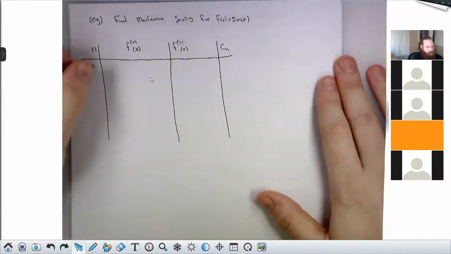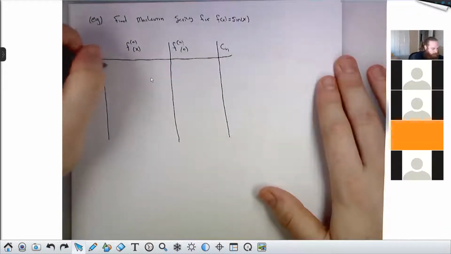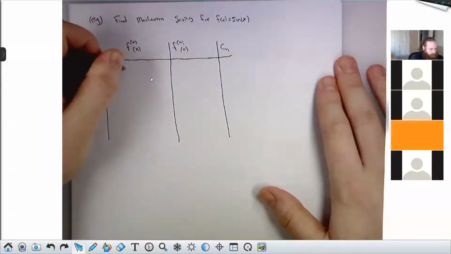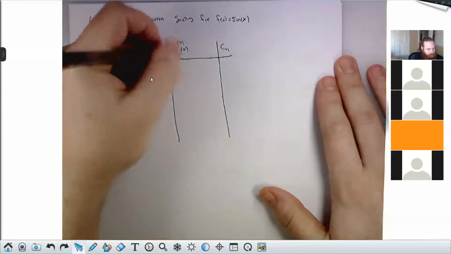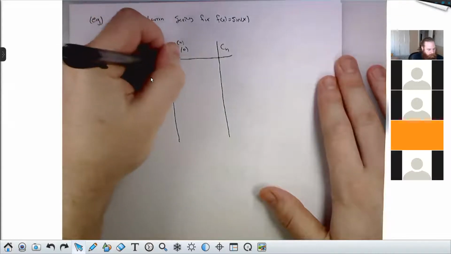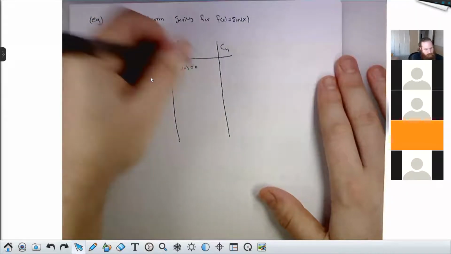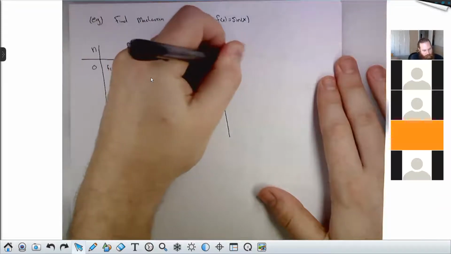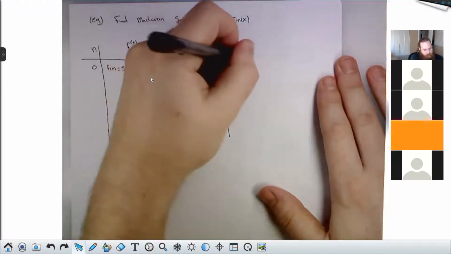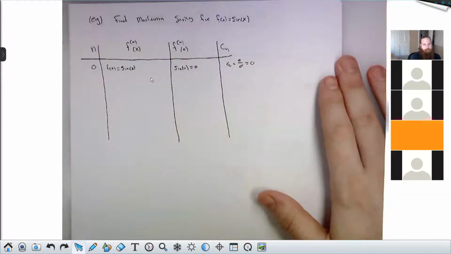When n is 0, if you differentiate sine 0 times, it just stays sine x. And if you plug in 0, you get 0. So C0 is 0 over 0 factorial, which is 0.